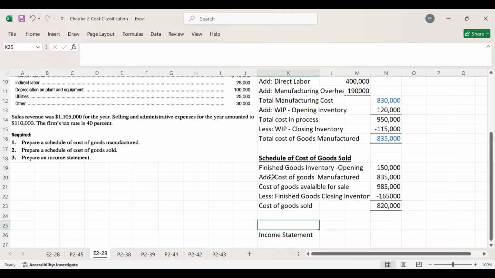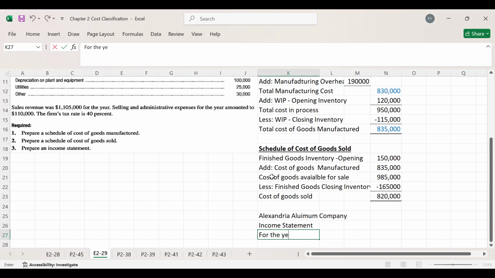So we will write the name of the company. Income statement, for the year ended December 31st.